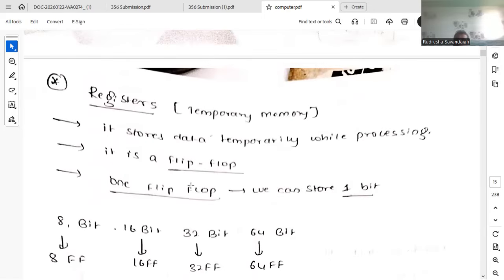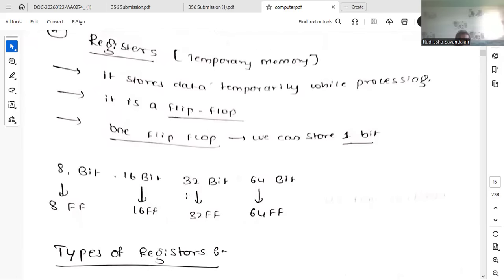See, the register is temporary memory. It stores the data temporarily while processing. It is the flip-flop, used in the gates: AND gate, OR gate, NOT gate, NOR gate, XOR gate. One flip-flop can store 1 bit.